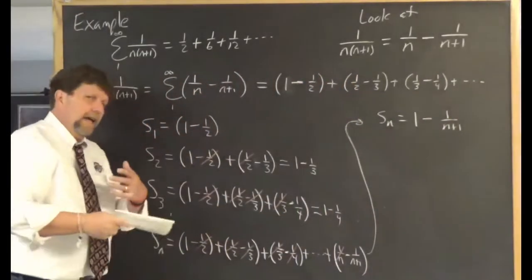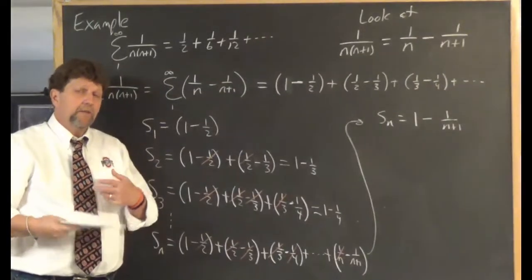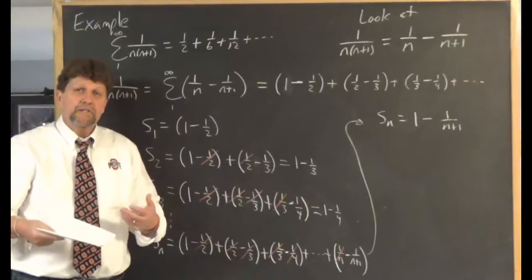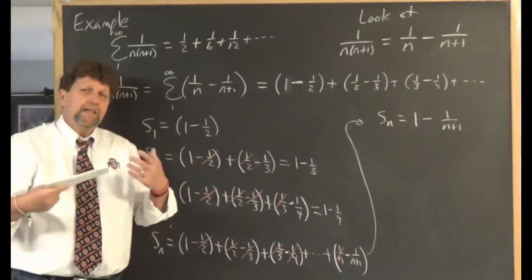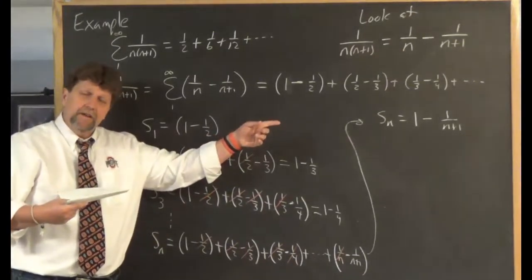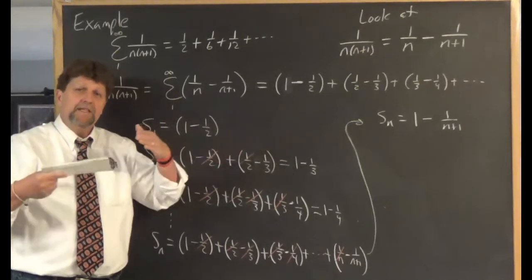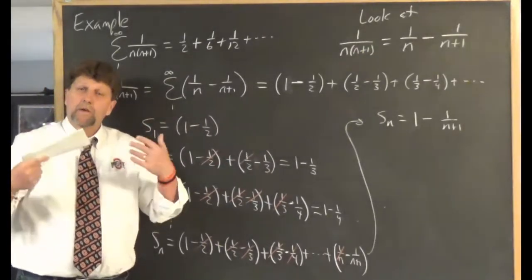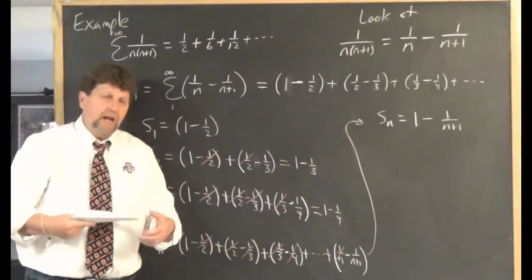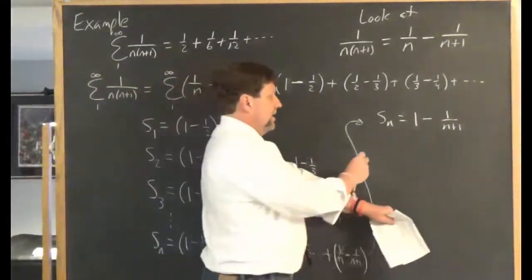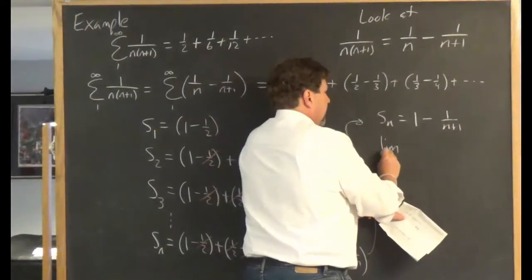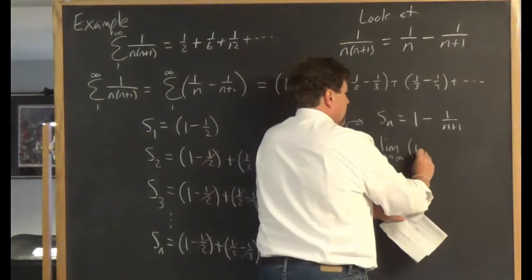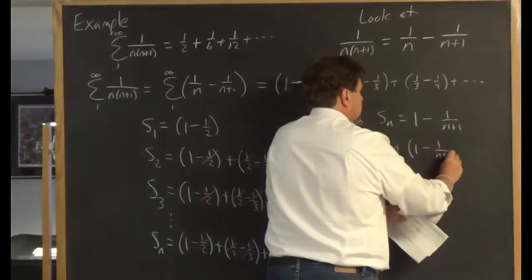So just like in the last example, when we looked at Zeno's paradox, we had to come up with a formula for the nth partial sum. Now we want to see, does this sequence for the nth partial sum converge or diverge? And the way we know if a sequence converges or diverges is we take the limit as n goes to infinity of S sub n, so that's 1 minus 1 over n plus 1.